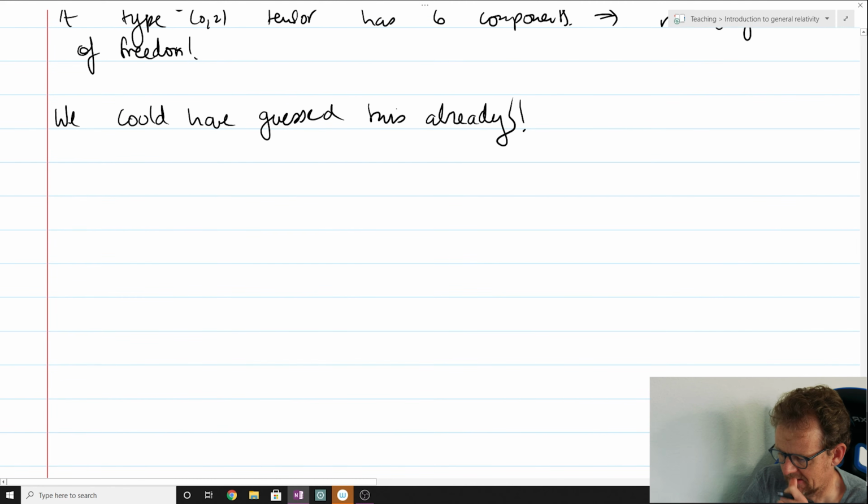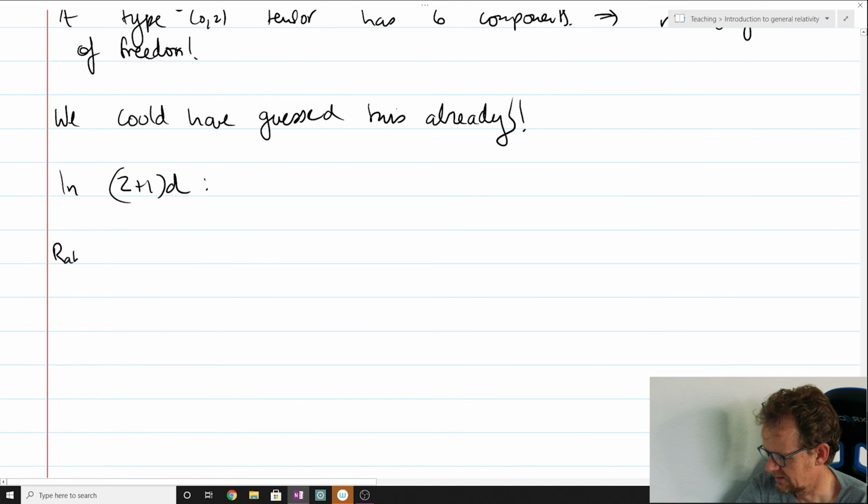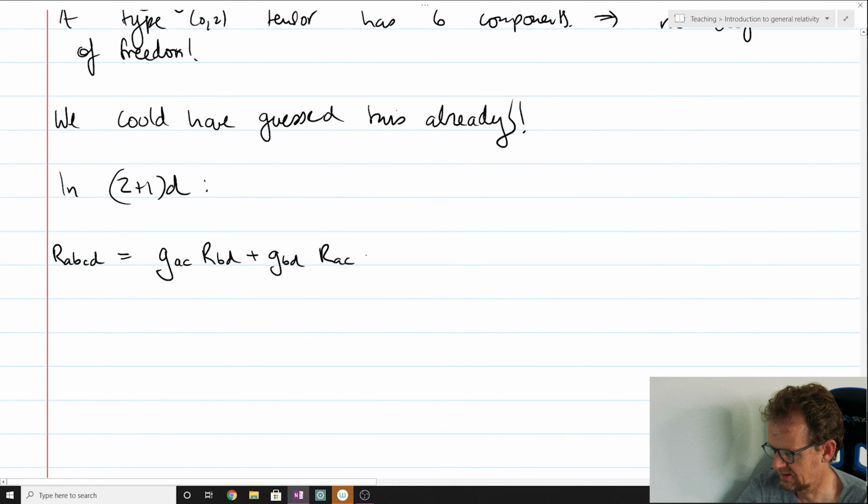And the reason is that there's a very interesting little argument you can make that tells you that the curvature tensor is completely determined by the curvature scalar and the Ricci tensor in lower dimensions. So the curvature tensor R_abcd in 2 + 1 dimensions is completely determined by the following equation involving the metric, the Ricci tensor, and the Ricci scalar.